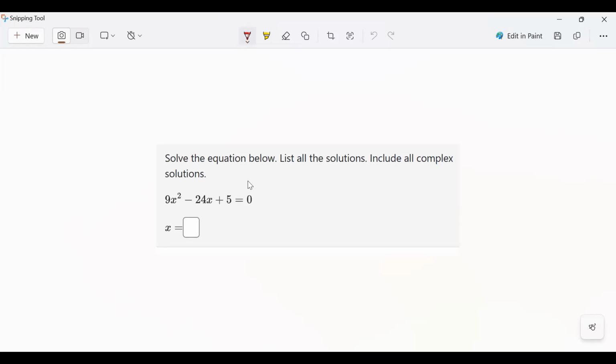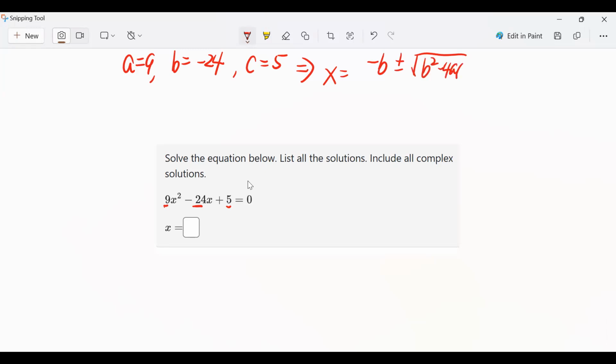Okay, let's go over the solution. One more time, A is 9, B is minus 24, right? Including all the signs, very important. x equals minus b plus minus the square root of b squared minus 4ac, over 2a.